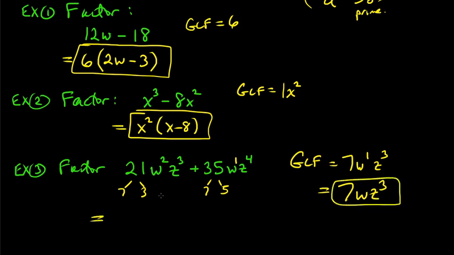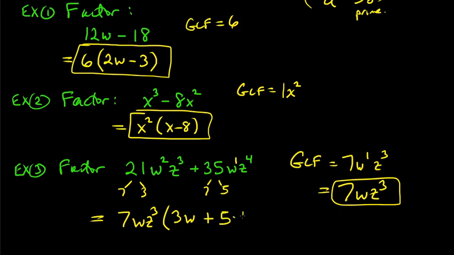Okay. Now, to factor that out, you just have to divide, right? So 21w squared z cubed divided by 7w z cubed is just 3 times w. And then 35 divided by 7 is 5. W divided by w is 1. So be careful you don't put a w there.